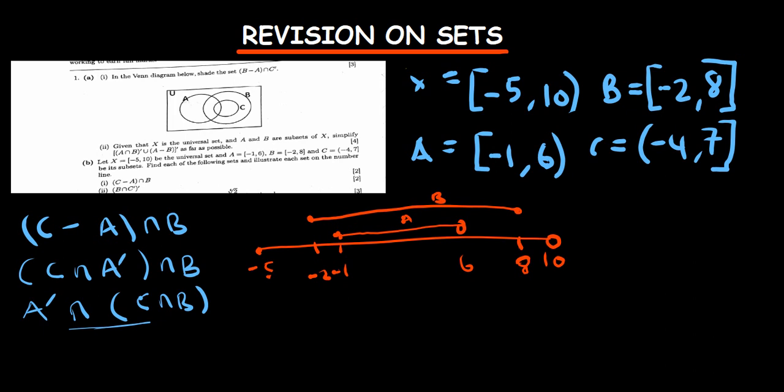Then I have C, which is negative 4 up to 7. Let's put negative 4 there. 7 is going to be here, in between 6 and 8. At positive 7 it is closed, and at negative 4 it is closed as well.